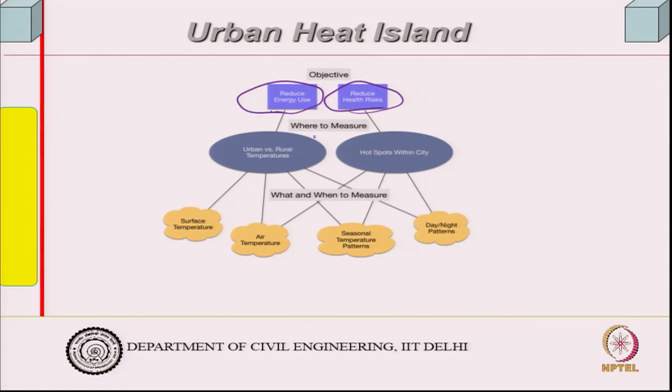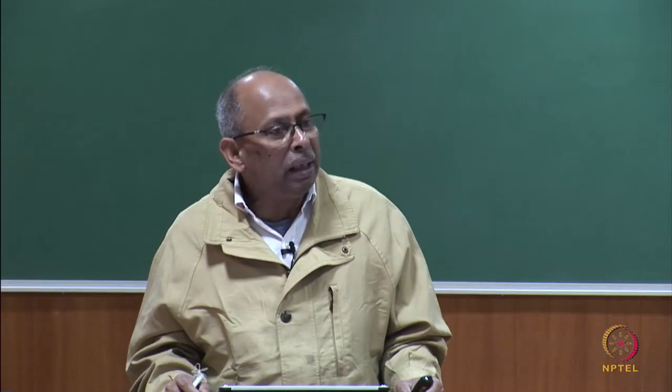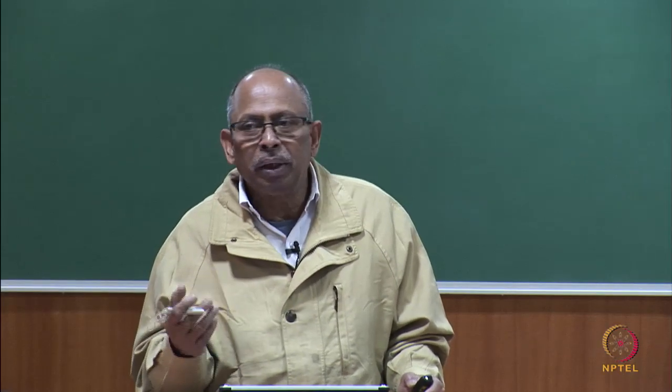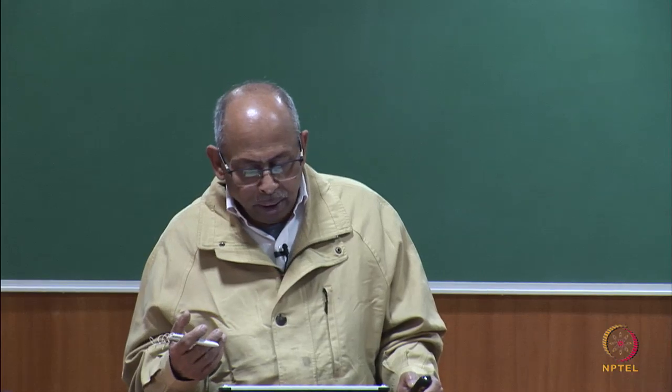Urban and rural temperature you can measure, and the hotspot within the city which has the highest temperature within the city itself. Then you measure air temperature, surface temperature, seasonal temperature pattern, day and night temperature pattern. One can measure this if one is looking at it. Basically, if you know that, then you can reduce the energy consumption and all.